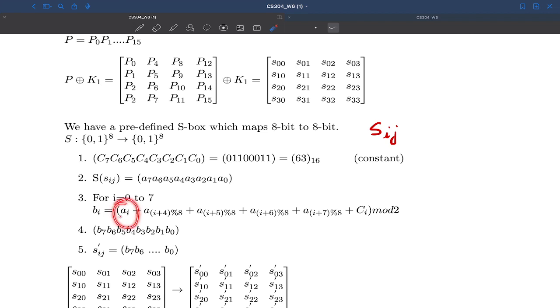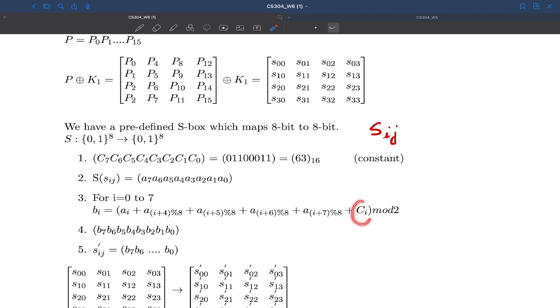I take that bit and another bit at distance 4 from this bit, so I increment the index by 4. Then I take another bit at distance 5, then a bit at distance 6, then another bit at distance 7 from the current bit.